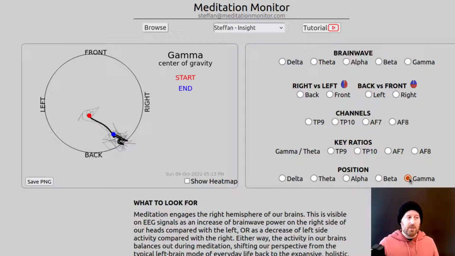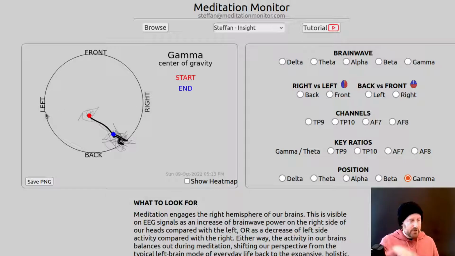So let me explain the position chart again, because this is definitely confusing. I guess I still don't have a great metaphor, but first of all, imagine this is your head, looking top down. The front, I can put a little nose here, and then ears for right and left.